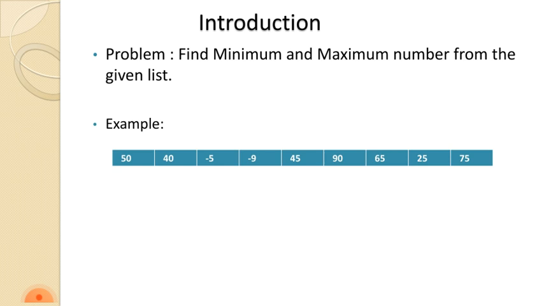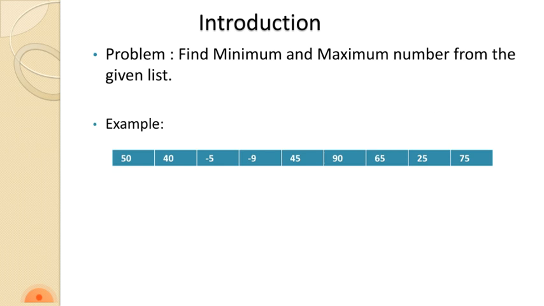In the same way, we can find the maximum number from the list. For example, assume that the first element is the maximum number and compare with each and every element of the list, and find out if any number is larger than 50, then we consider that number as the maximum.